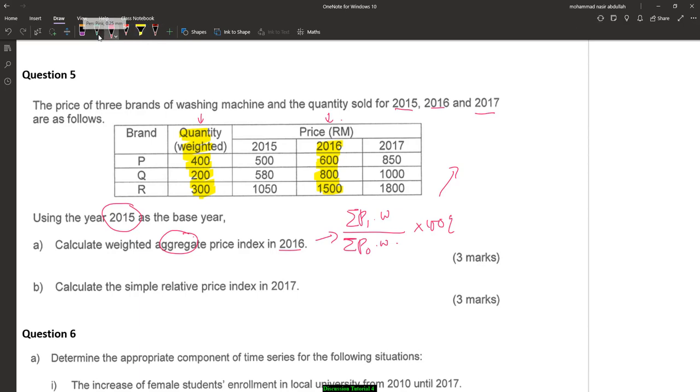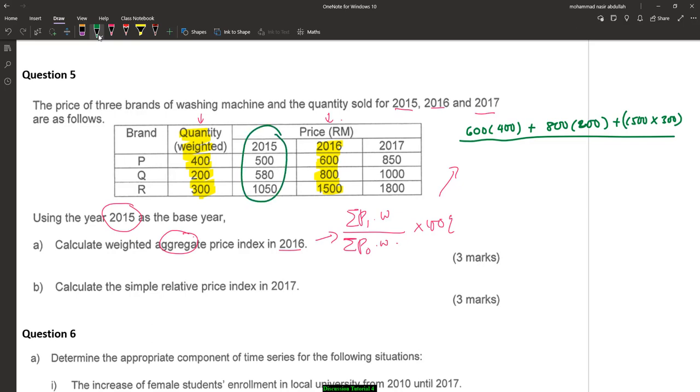So, okay, the first one 600 multiply with 400 plus 800 multiply with 200, plus 1500 multiply with 300, divide by price for base period. This is base period kan.